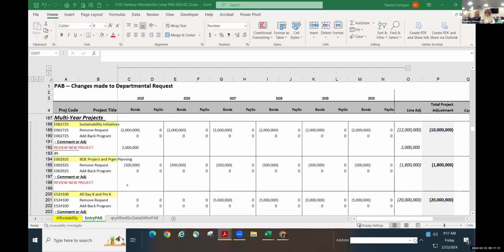It seems like that's kind of a catch-all. I think remove the whole thing, it's a catch-all pot of money. I guess when I read what it's about, it seems to me this must be happening somewhere already, right? So why is this a new thing? It is being performed in some capacity elsewhere. It may actually be residing with the capital project.